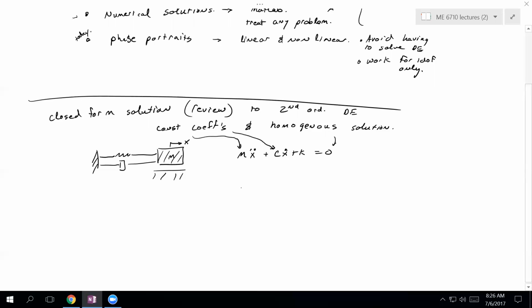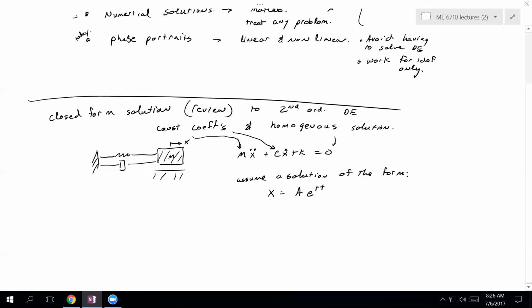So in general, the approach is to assume a solution of the form x equals a e to the lambda t. Call it r, I'll follow our notes.